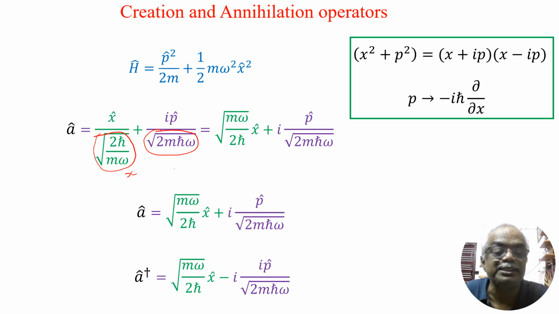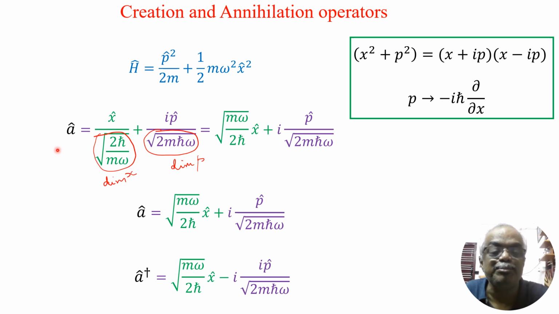I will differentiate: this is the dimension of momentum, this is the dimension of x. So both dimensions will get cancelled. So the annihilation operator is a dimensionless quantity.